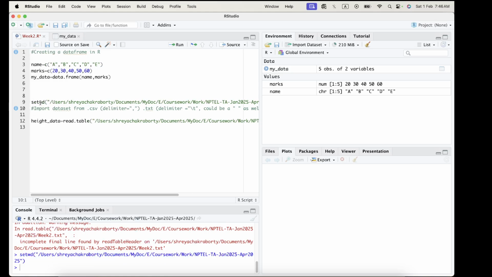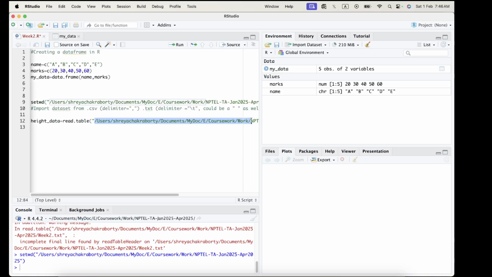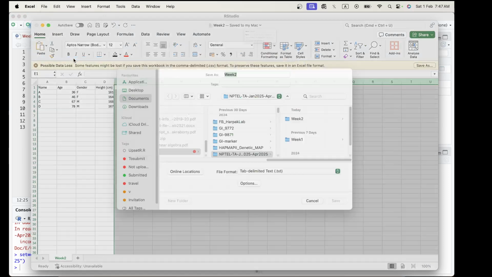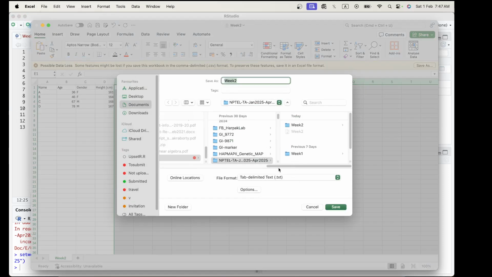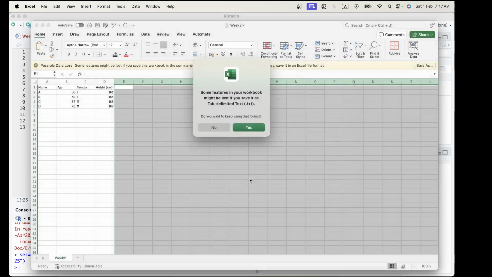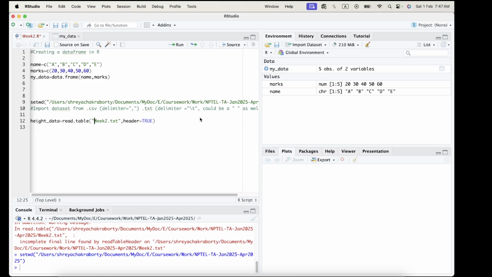Okay, I set my working directory as this one, and then I'm saving this as week2.txt, and then I'm writing week2.txt.